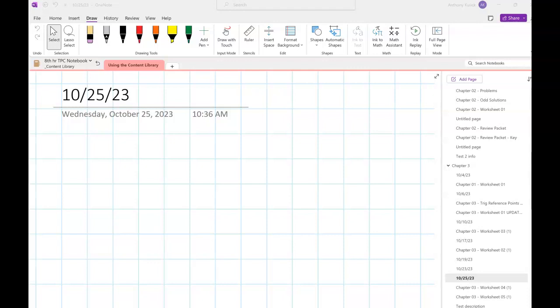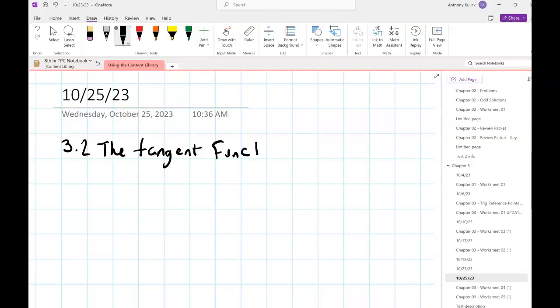So, the last thing we need to talk about in chapter 3 is the tangent function. Everything that we're going to be doing here with the tangent function, we're going to approach very much the same way that we've done things for sine and cosine.